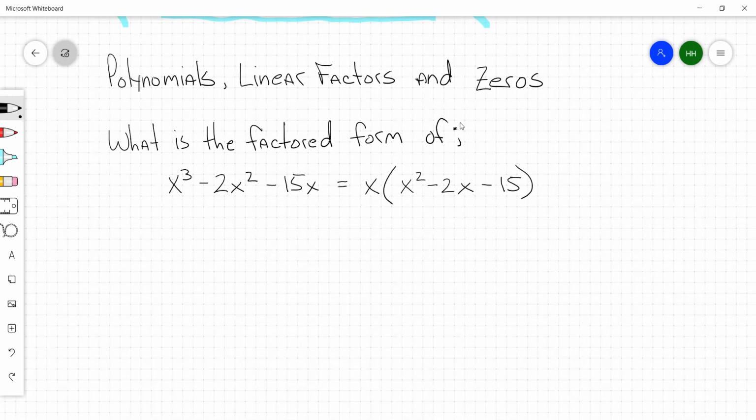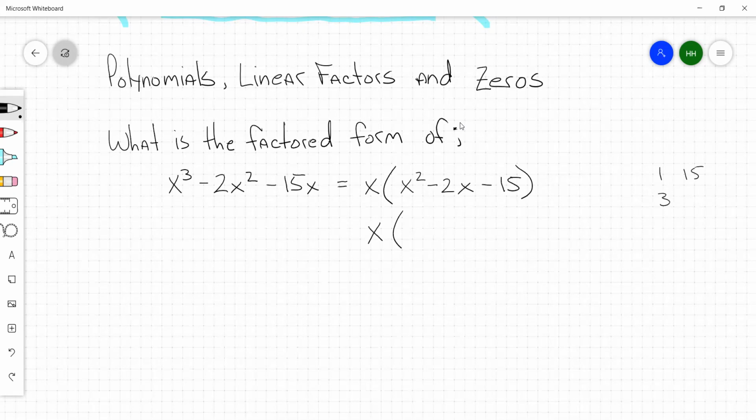So when you're doing these, try to not forget to bring down this x that you've already factored out. It seems to happen a lot. So just bring down this x, and you're going to factor this trinomial. You need two numbers that multiply to negative 15, but add to negative 2. So you go back to listing your factors of 15. You got 1 and 15.